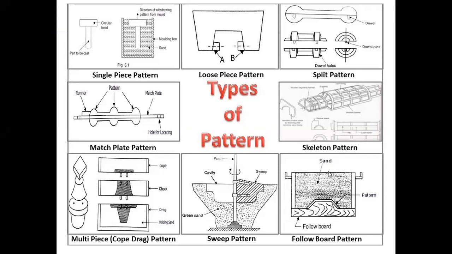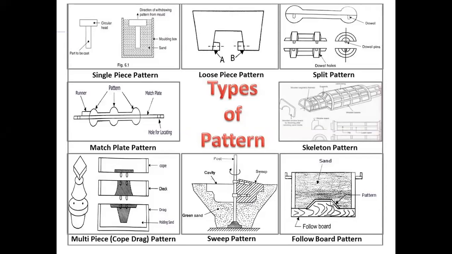Follow board pattern, we'll see this in the next slide, but the idea is you have this pattern, which is kept on this board. Instead of having this total as a pattern, they keep this board, maybe of some wooden material.